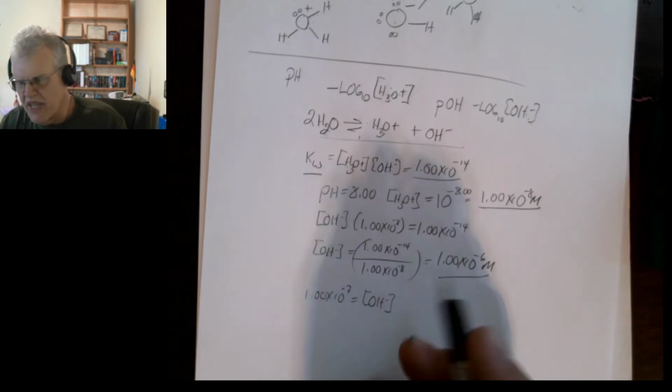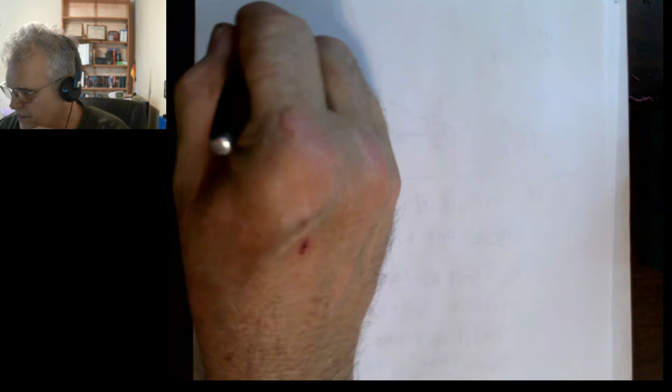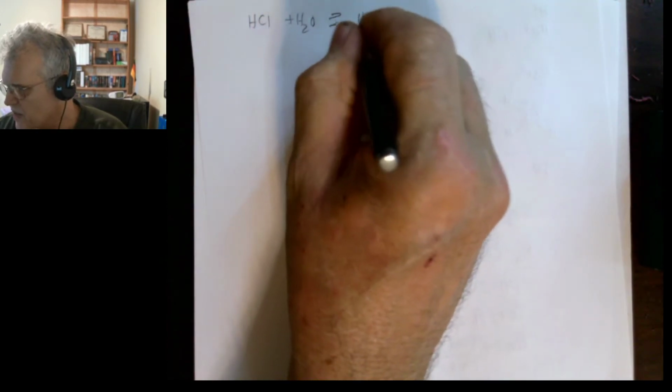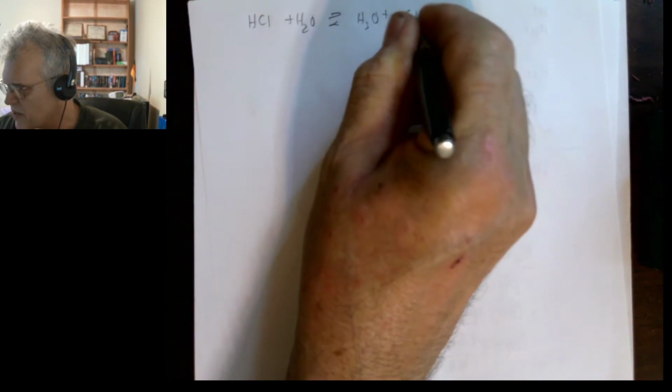Okay, that's really pretty much all you need to know to be able to do this lab. But let's go through weak acids and bases, because that's going to be really valuable for buffers, like I said, and it's interesting. Strong acids and bases are not so interesting. For a strong acid, we know strong acid means 100% dissociation. Therefore, if I have a strong acid like HCl, HCl plus H2O gives me H3O plus and Cl minus.